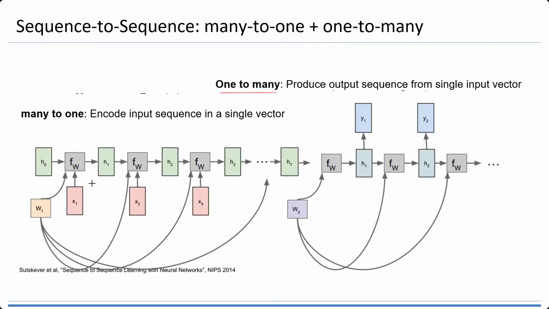After we have all of this in one single vector, we can have one weight, and then we use this weight to produce the output, and so on. We call this kind of structure many to one plus one to many. And you will see there are many variants of sequence to sequence, or seq to seq.